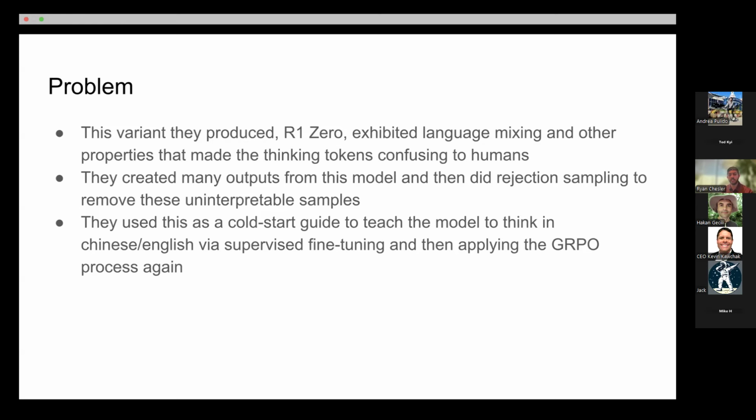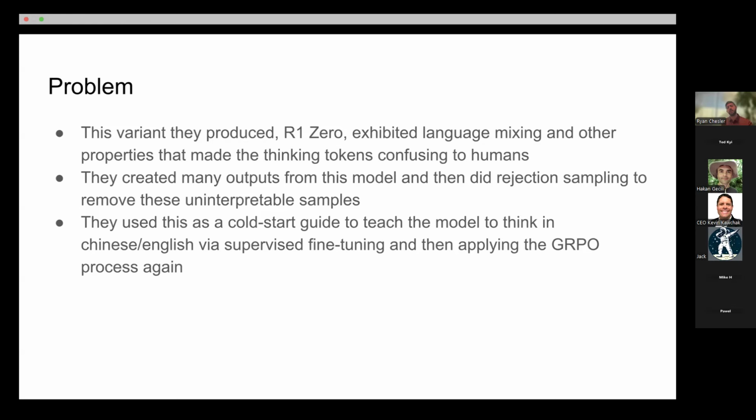And so what they did is they said, okay, it's generated a lot of things now, and some of it is valid, some of it is invalid. Just remove all of the invalid ones and use that as a sort of cold start in order to make it follow this pattern. Now we have R1-Zero, and this has kind of started the process.